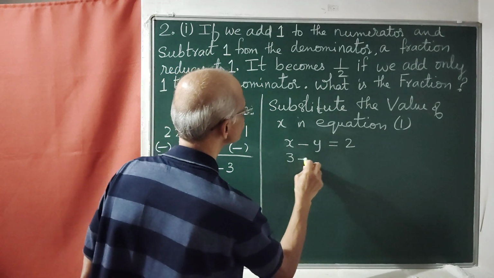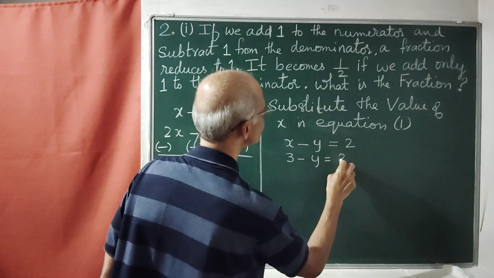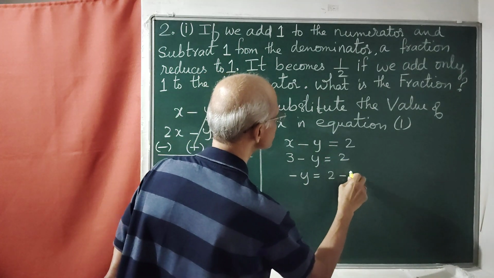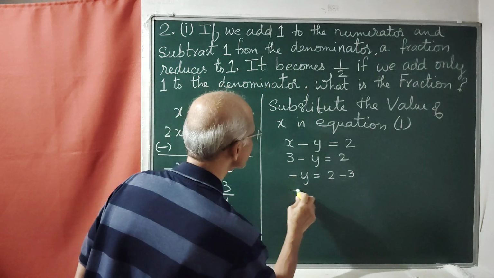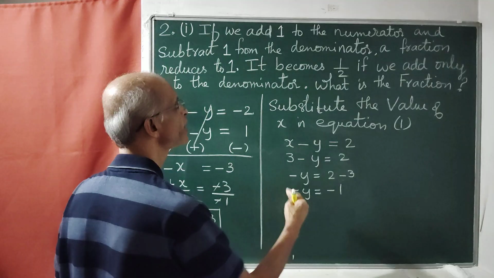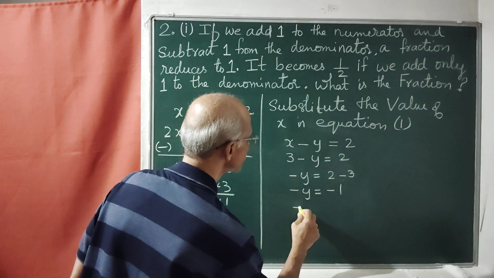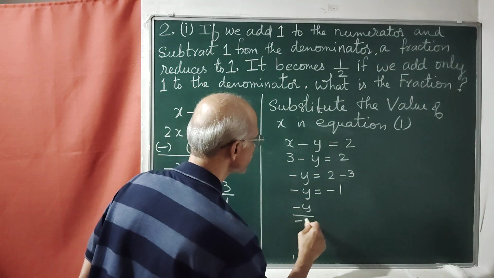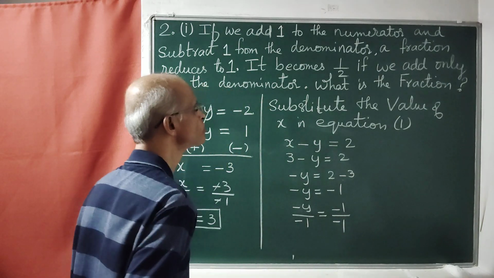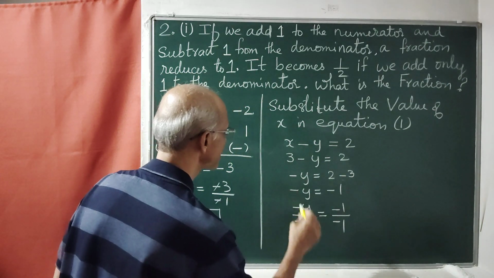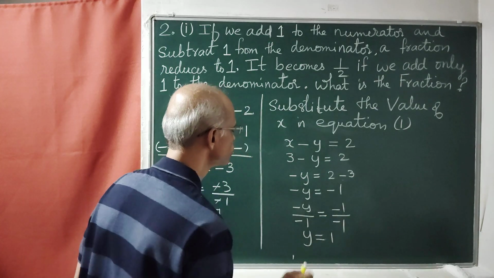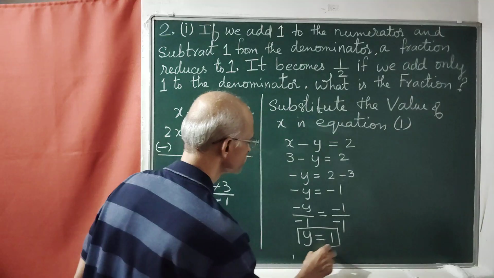So 3 minus y equal to 2. Minus y is equal to 2 minus 3. So minus y will be equal to minus 1. I will divide both sides with minus 1. So y will be equal to 1. The value of y is 1.